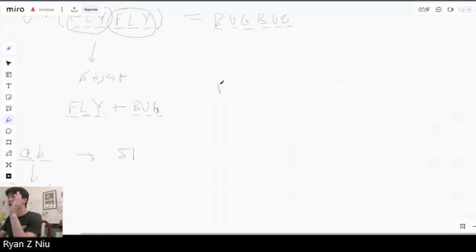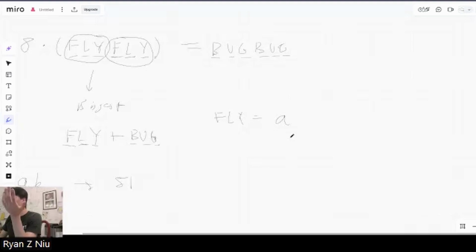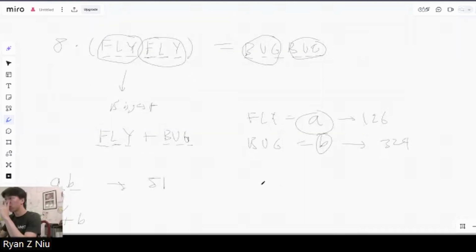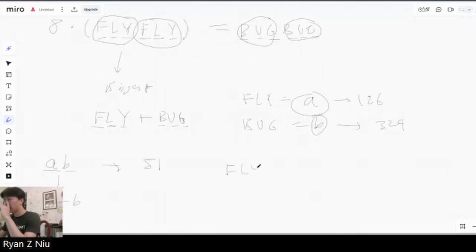What if we just say that FLY is like A, for example, and BUG is like B? Remember, BUG could be like 324 and FLY is like 126. So we're just going to say it's A and B, because then we can do this.